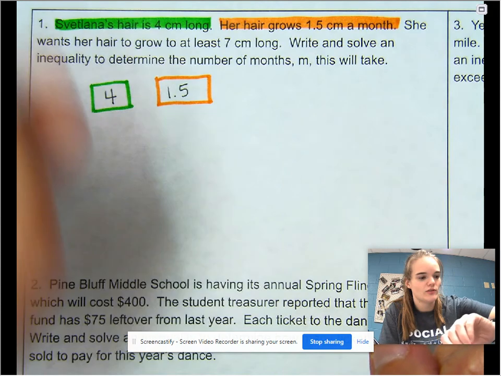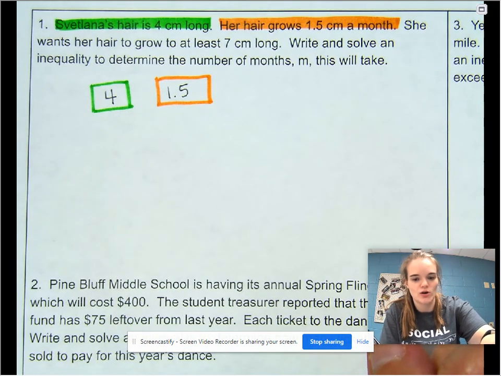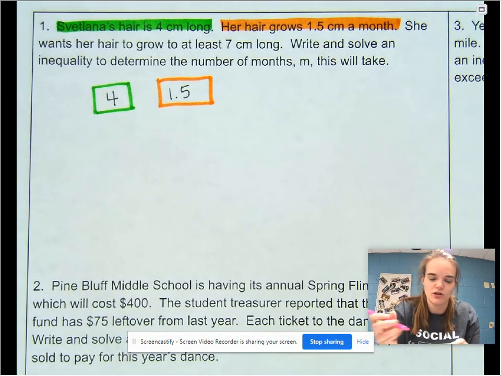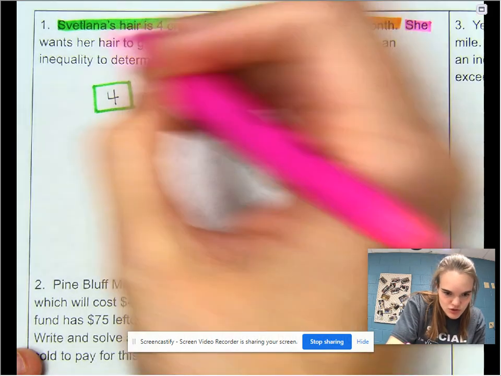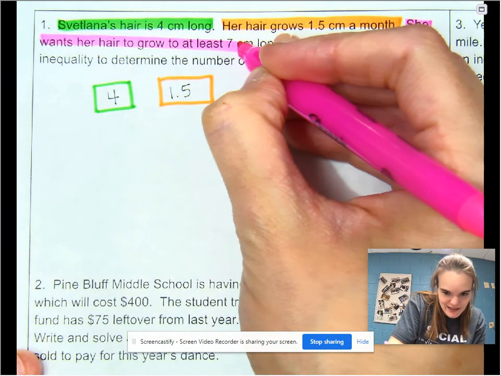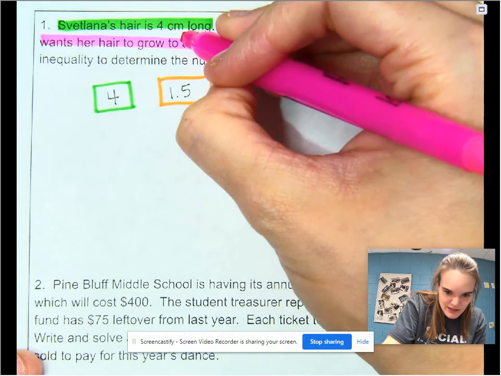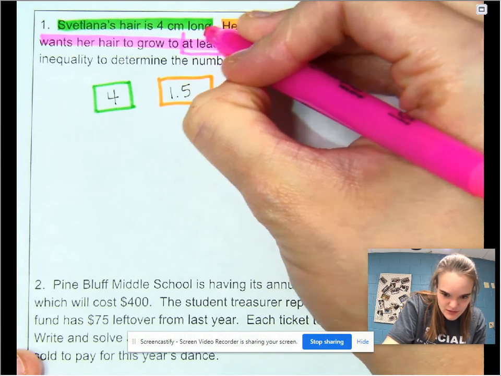She wants her hair to grow to at least 7 centimeters long. And this word at least is going to help us out.